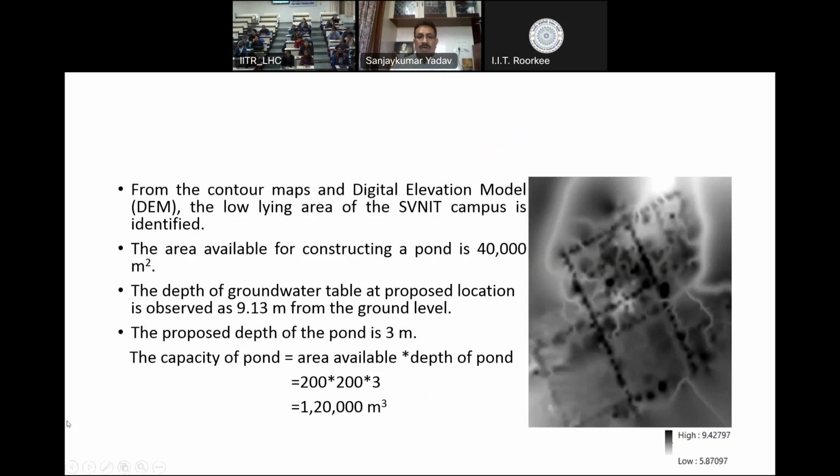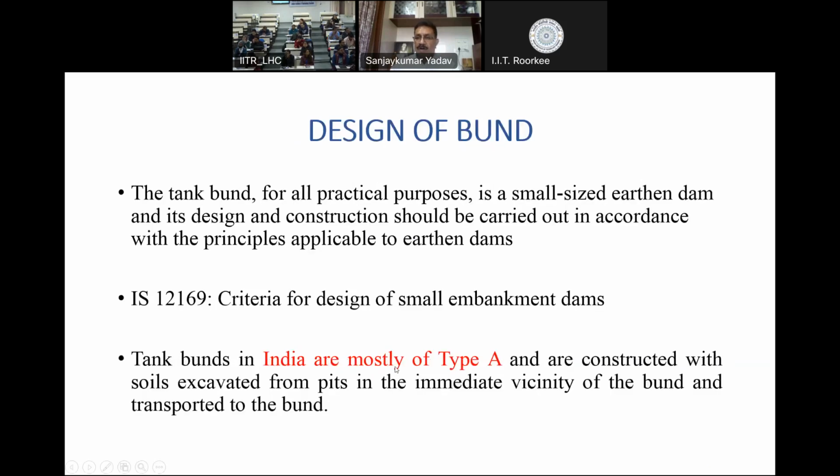Coming back to the water table depth, that is 9.13 meter, from which we have worked out the capacity of the pond: 200 by 200 by 3 meter depth, that is 1,20,000 cubic meter. The design of the pond opted for type A as per IS 12169, criteria for design of small embankment dams.